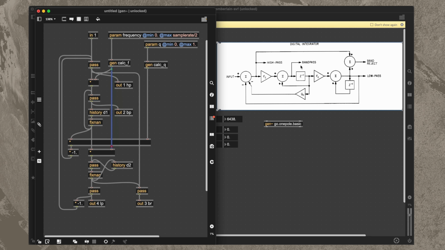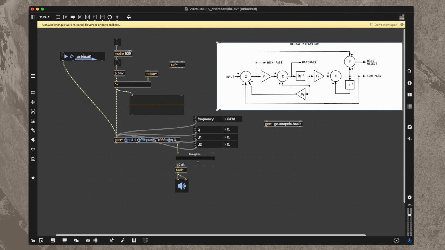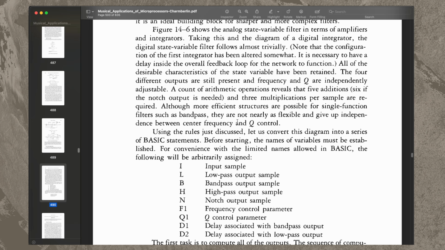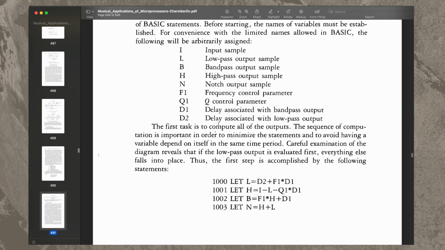So that's this section here with the bandpass. And you can see that we take out the bandpass here, as well as the high pass up here just below the first summing junction. So the history D1 here is basically this Z minus 1 here, because in his paper, he describes how to implement this in BASIC.